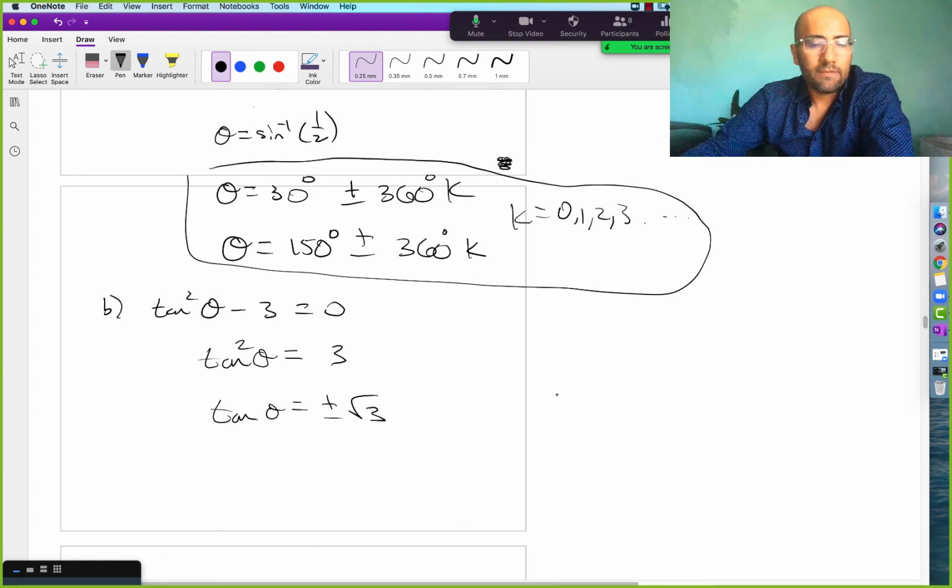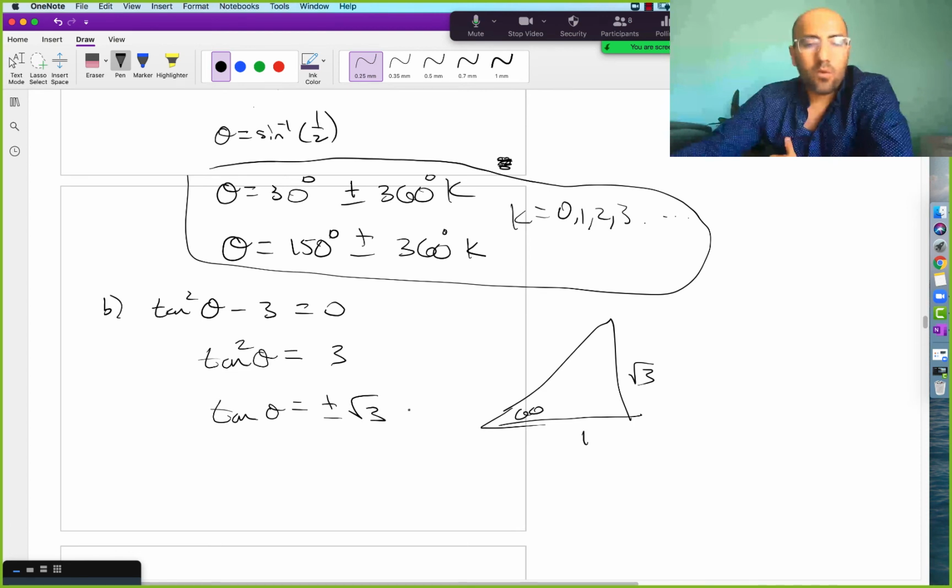Okay, so now when we think about our triangles, we have 60 degrees here, this is root 3, this is 1. Tangent is opposite over adjacent, so 60 degrees is one solution. Good. And that takes care of quadrant 1, it's 60 degrees.